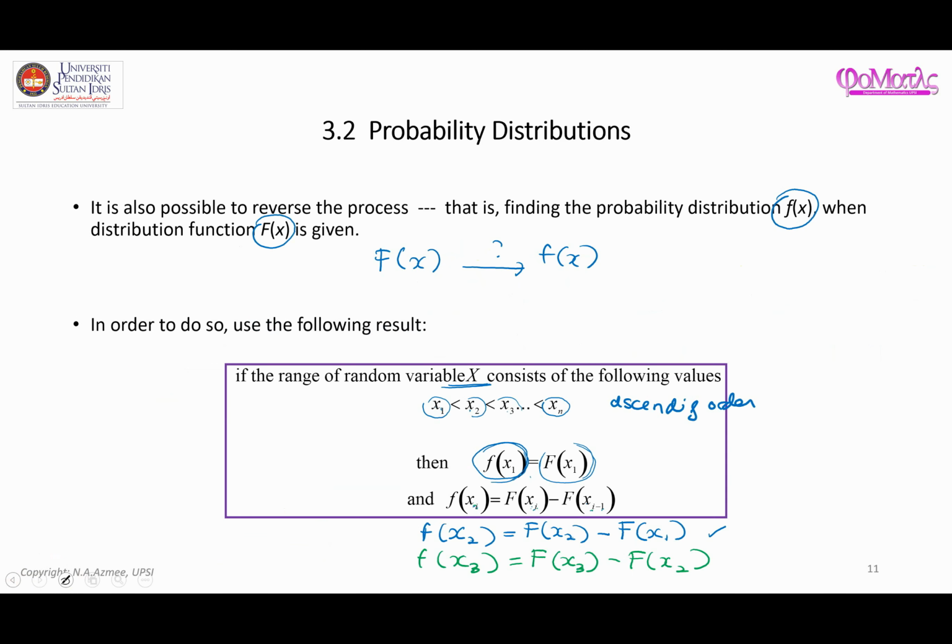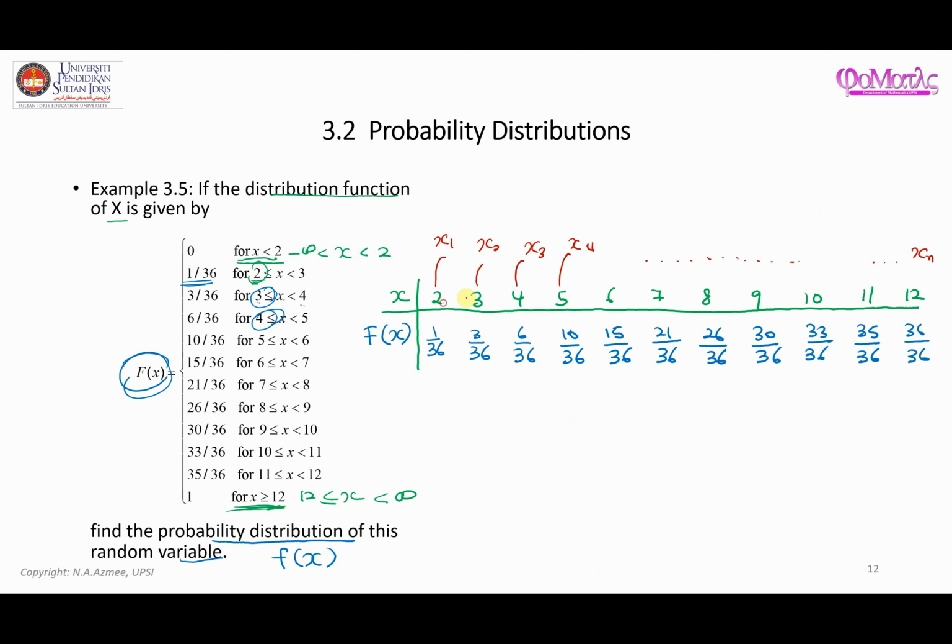I'm just using the notation given here. So x1, x2, x3 until xn, and clearly the values are in ascending order: 3 is bigger than 2, 4 is bigger than 3 and 2, and this value here is of course the largest value.